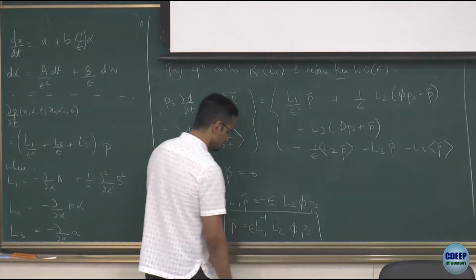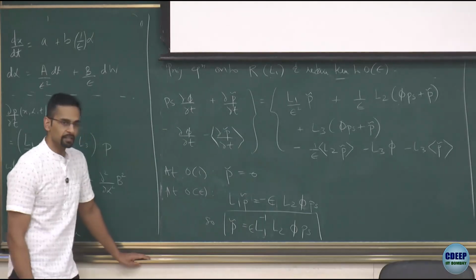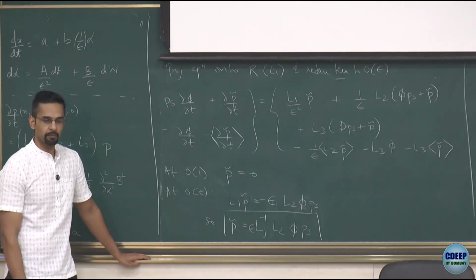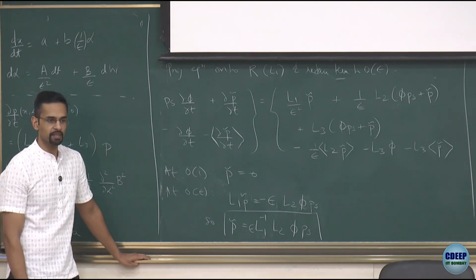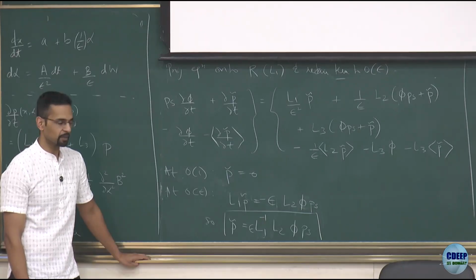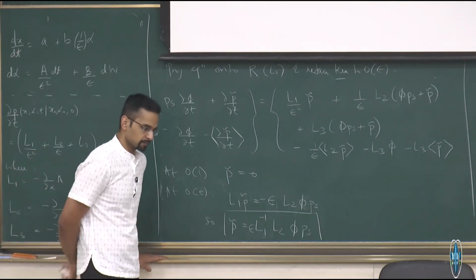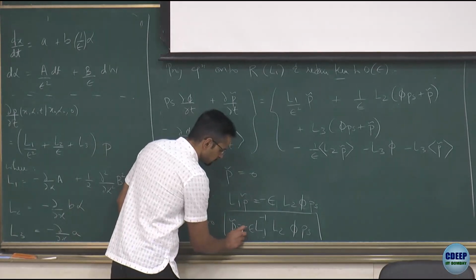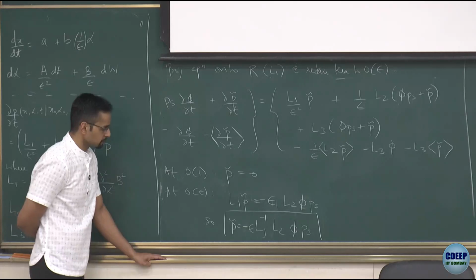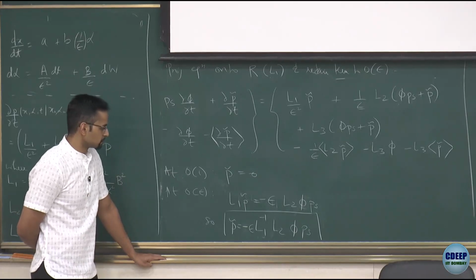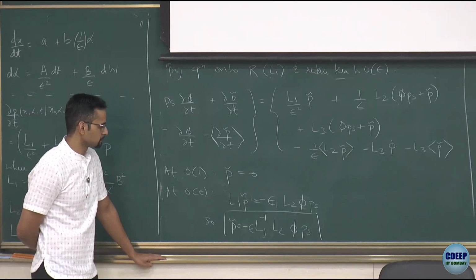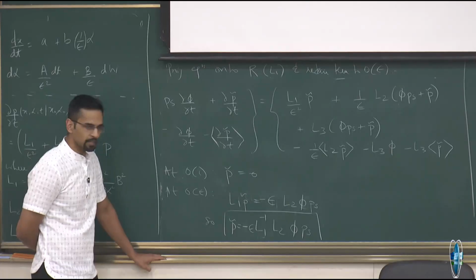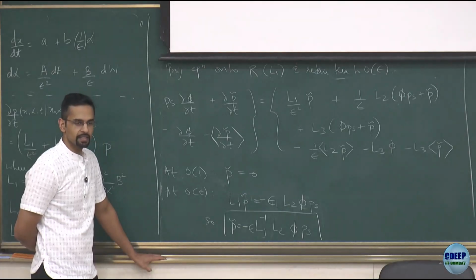Of course, with epsilon. So I have solved at leading order my perturbation part of the PDF, the deviations from the center manifold. Minus epsilon. Thanks. So the L1 inverse is some operator acting in alpha space.